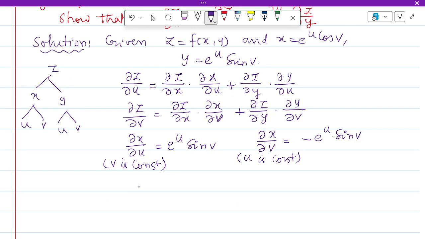Similarly, we can find dou y by dou u. Dou y by dou u is e power u sin v.